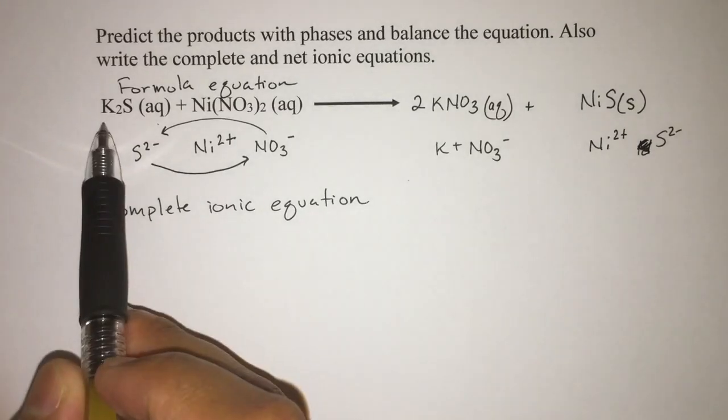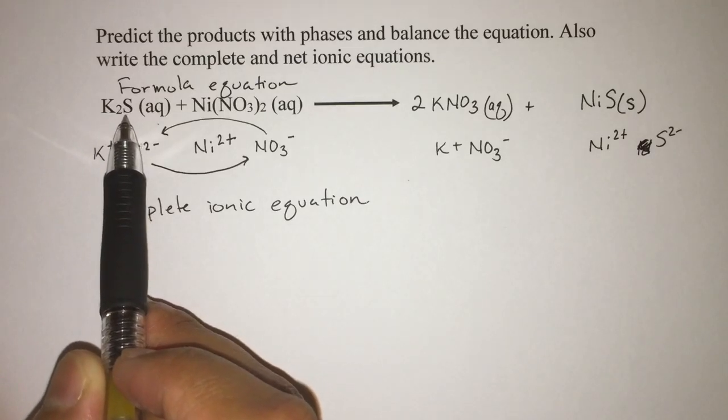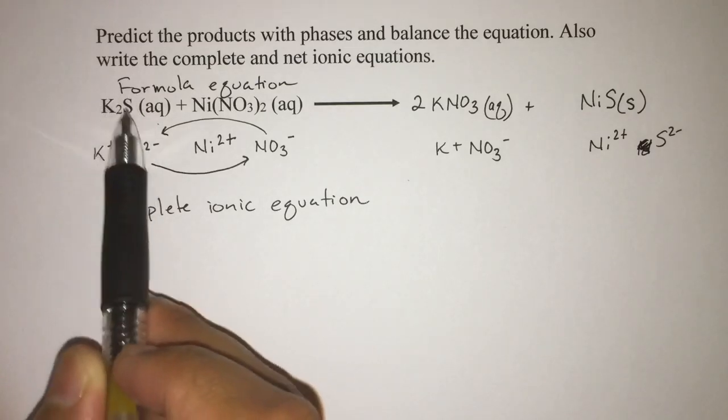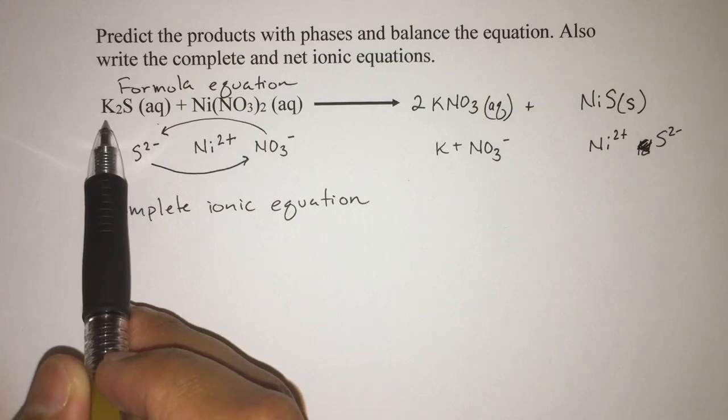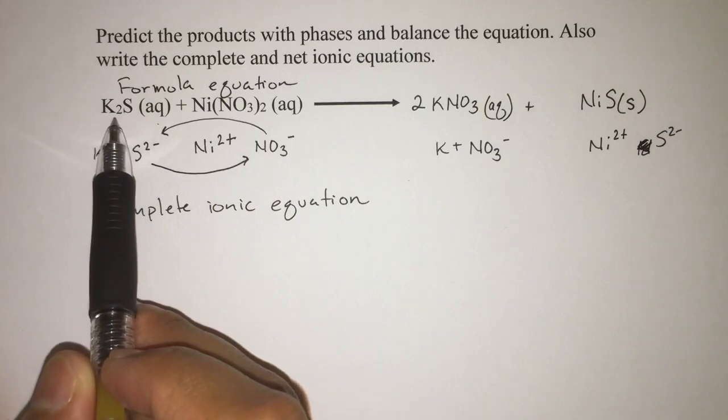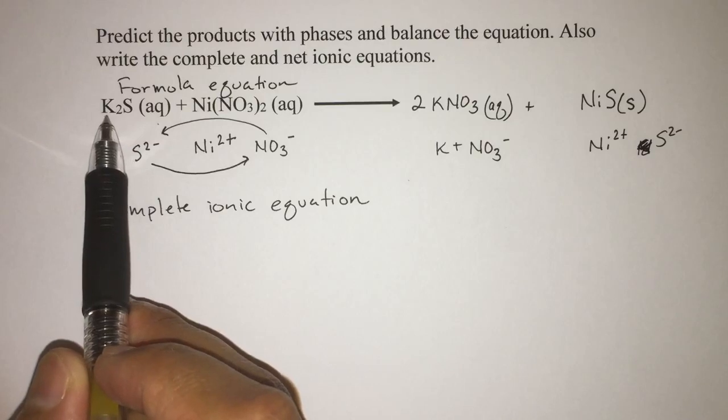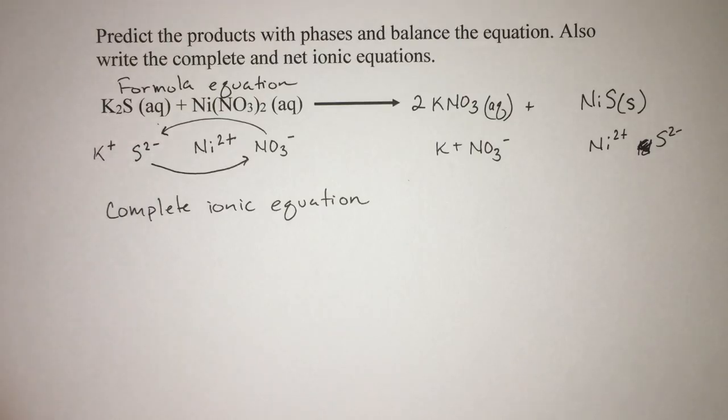So for example, right here, K2S. When this thing dissolves in solution, watch very carefully. 2 potassium ions will dissociate for every 1 unit of compound. So let's think in terms of moles.